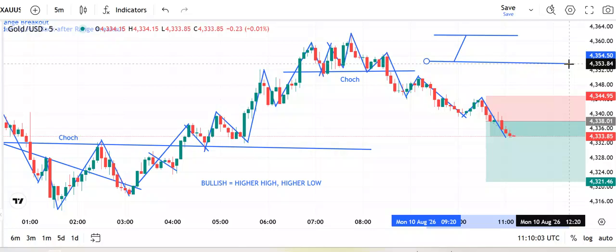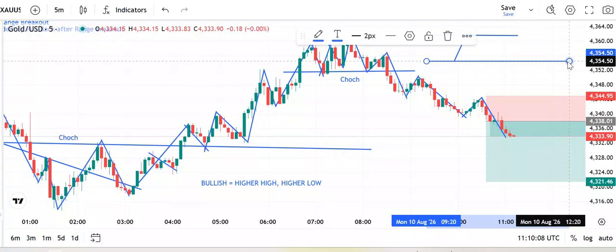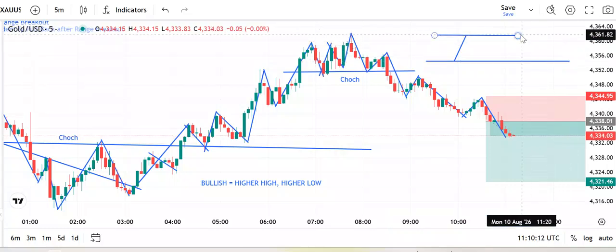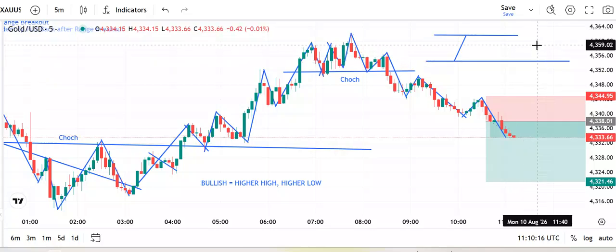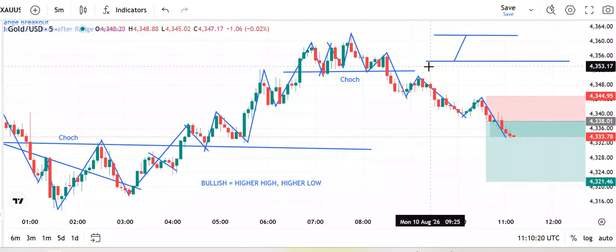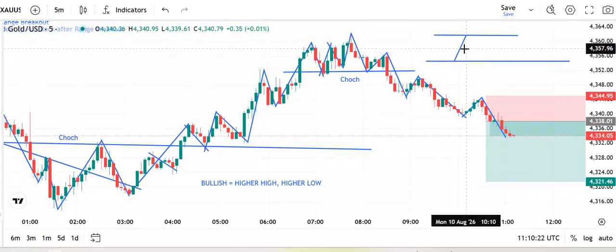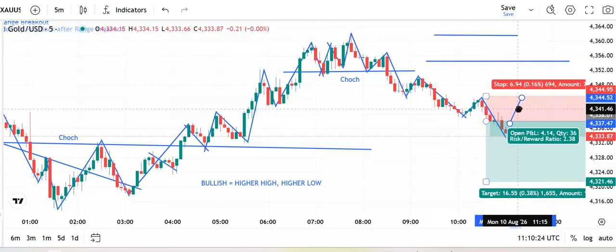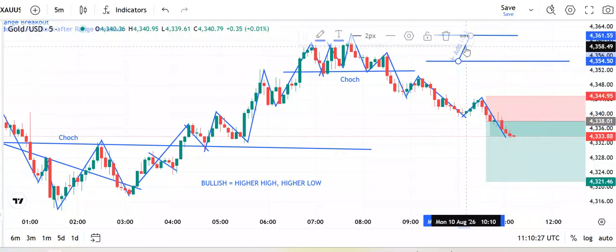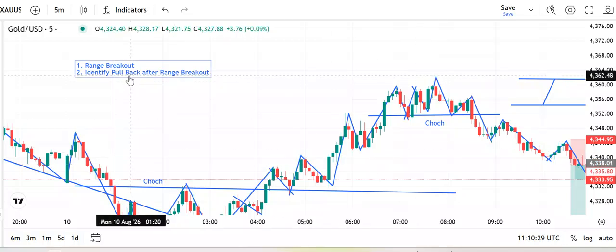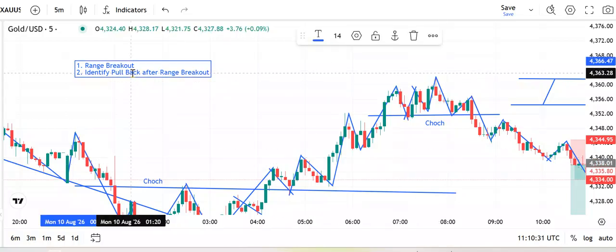So that's from 4353, or let's say 4354 to 4361. 54 is not up to 100 pips, like let's say 90 pips. Okay, and that's what we have here. That's the stop loss.